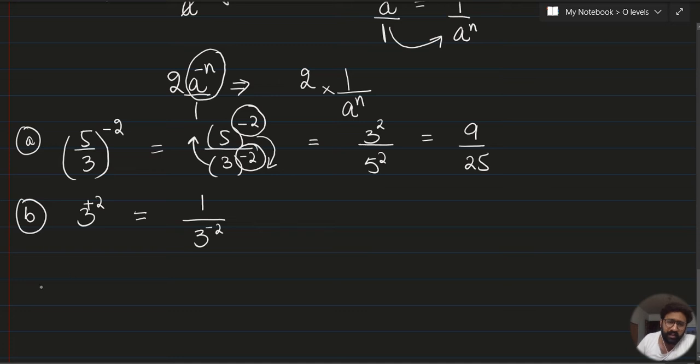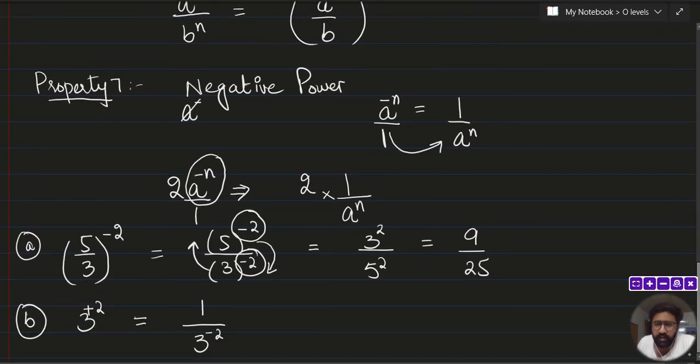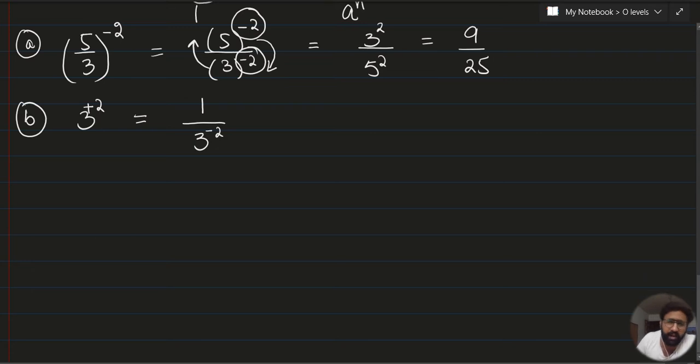Now there comes another property, property number 8, and a very very important property. Property 8 states that if there is a number and there is a power of 0 on top of any number, it is always going to be equal to 1.